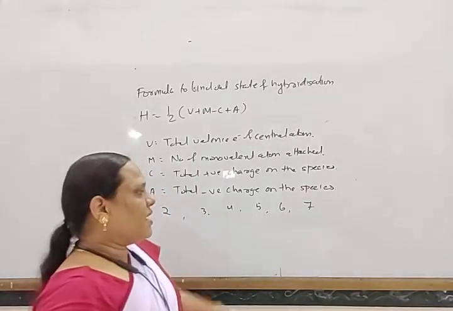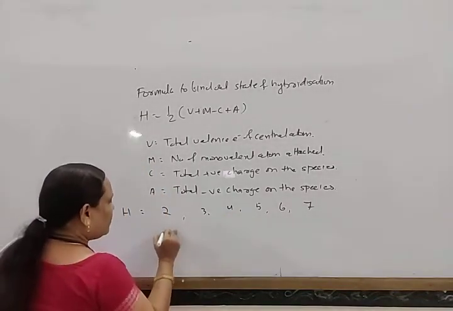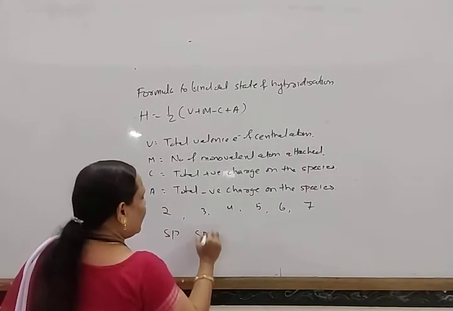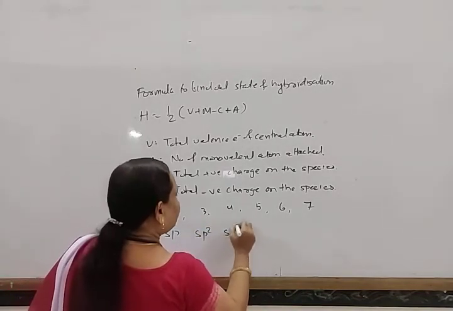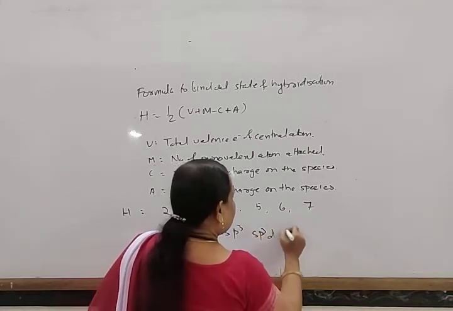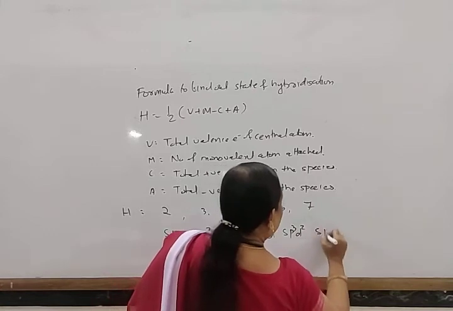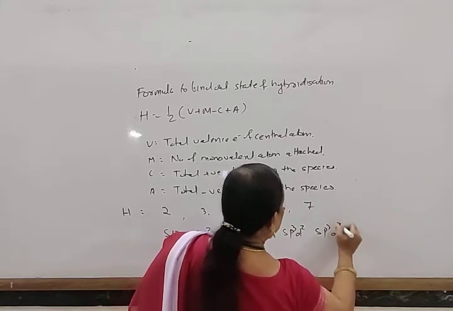2, 3, 4, 5, 6, 7. Then the hybridization is either sp, sp2, sp3, sp3d, sp3d2 and sp3d3.